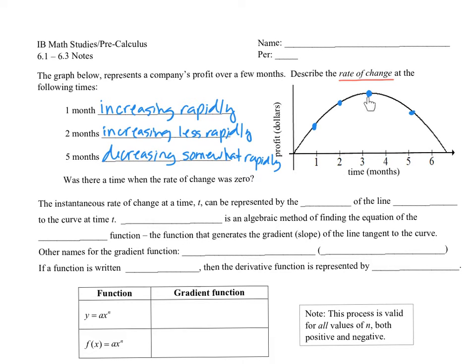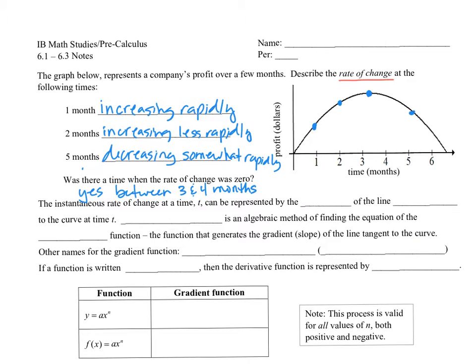So the company was making a profit at that point, but the rate of change was not increasing or decreasing. So we're going to say yes, that happened, somewhere between 3 and 4 months. Now, those of you that go on to study calculus, you'll be able to find that actual x value where that happened.